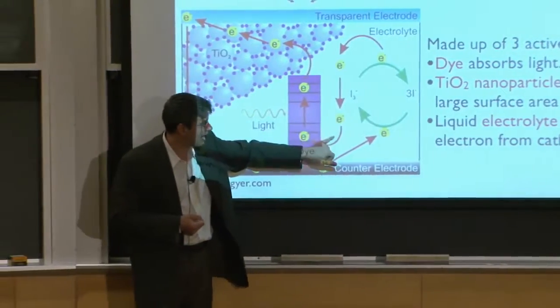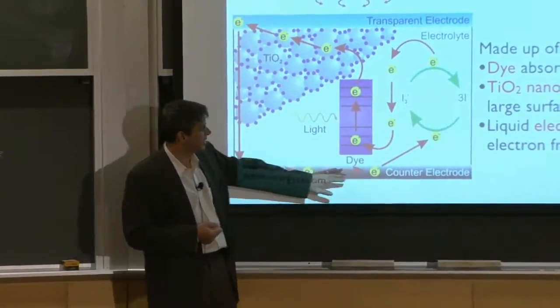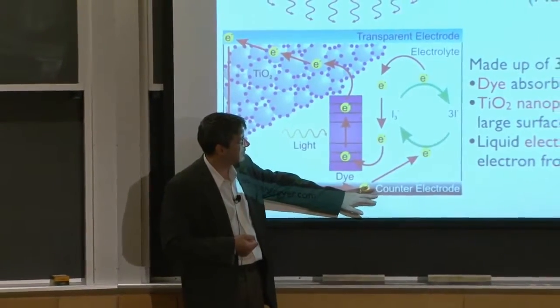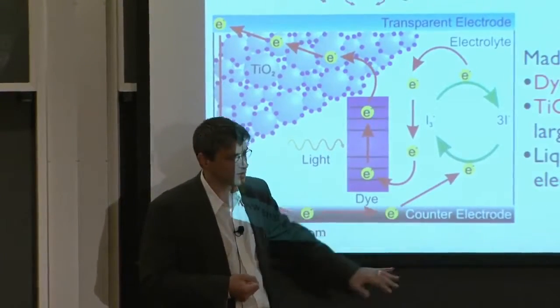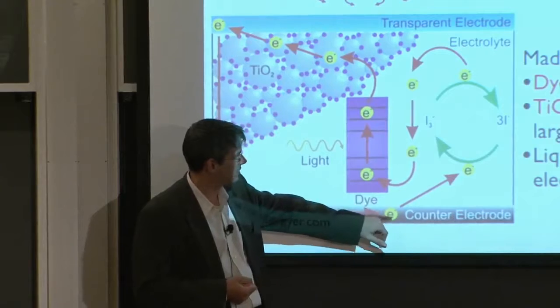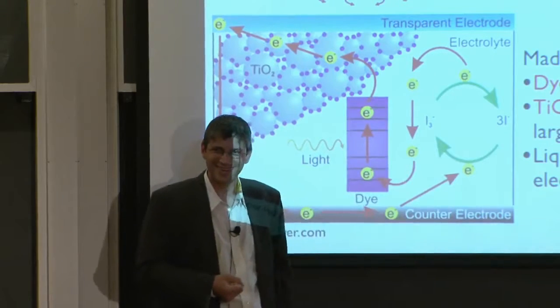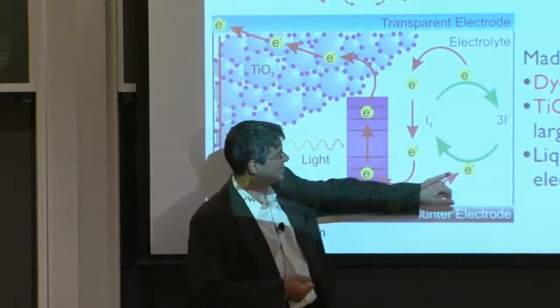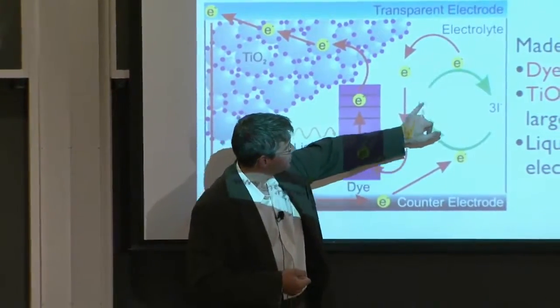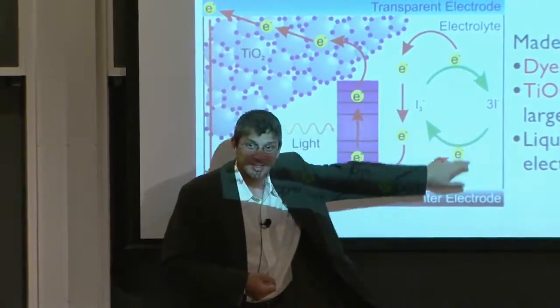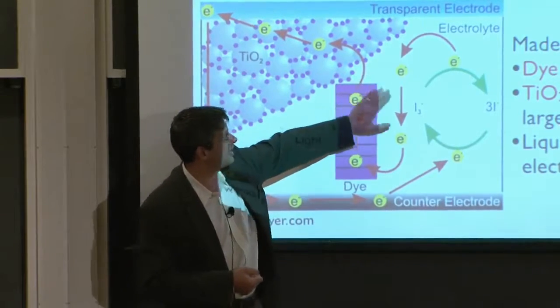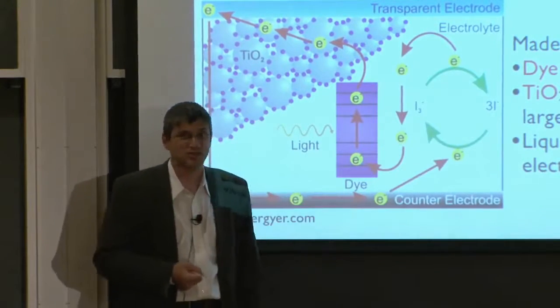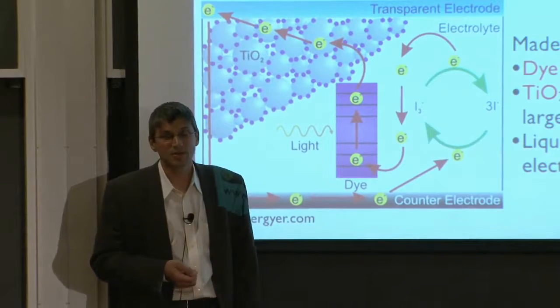And the way you get it back is you get it back from the cathode, okay, through an electrolyte, which is basically just shipping electrons from this metal electrode over to the dye. It's just an iodine solution, very cheap.